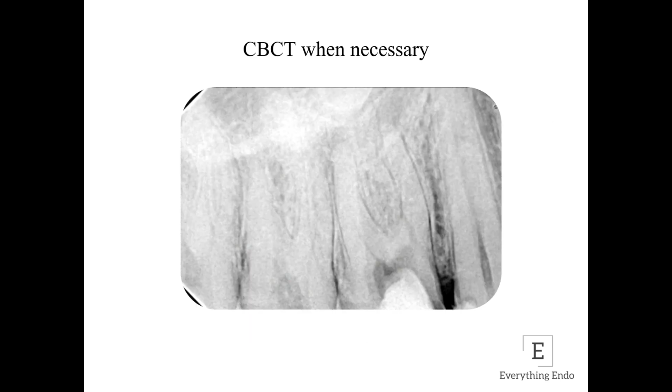Another very important tool as far as location of the MB2 or any missed or extra anatomy for that matter is the CBCT. This case in particular was referred by a friend for location of an MB2 canal.